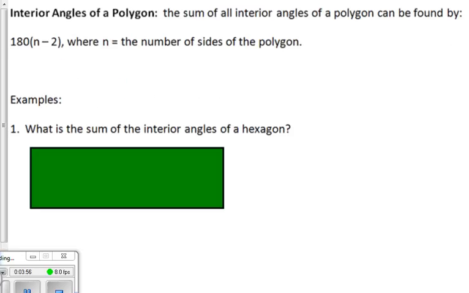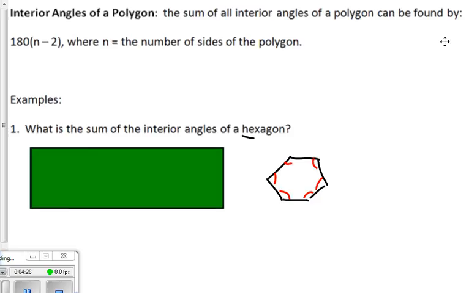Okay, so going on to examples using this fact, what's the sum of the interior angles of a hexagon? Hex means 6, so if I had something that looks like this, we have 6 sides here and 6 different angles. If I wanted to know the sum of all of them, if I added up each of these angles, how big would I have?